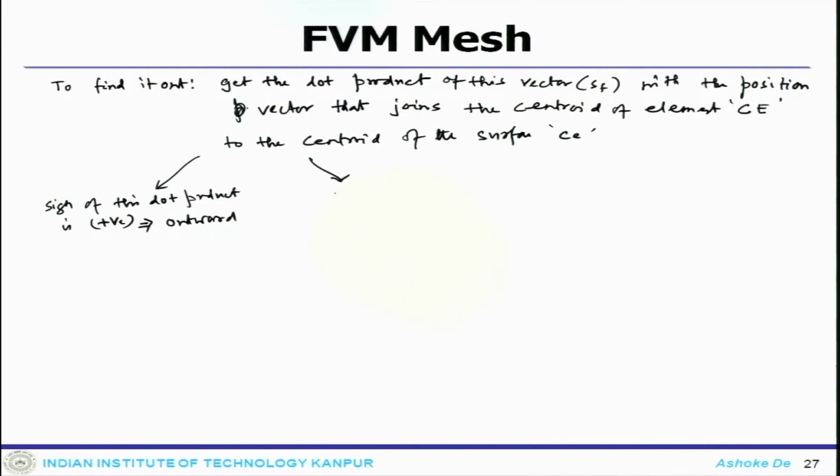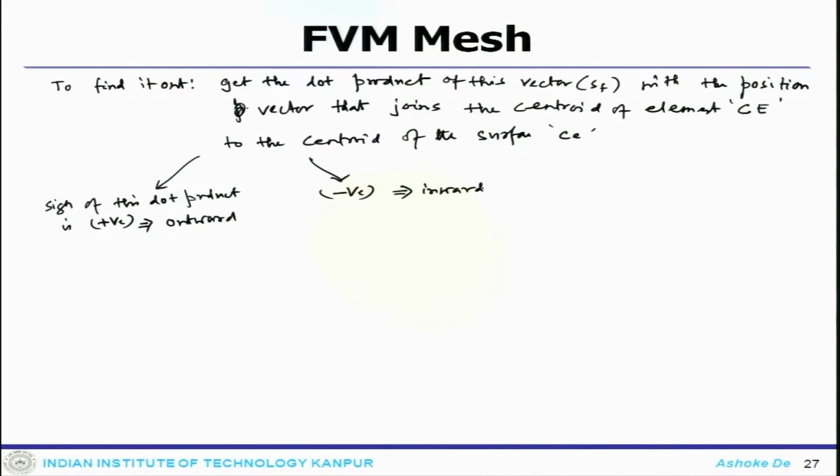If the sign of this is negative, that means it will be inwardly pointed. So, on the one hand you get the calculation of the surface vector, and once you have that, you find out the direction of the surface vector. These are the 2 important things one has to have, and if you recall from your unstructured grid system, you need both the calculation of the vector and their dot product.